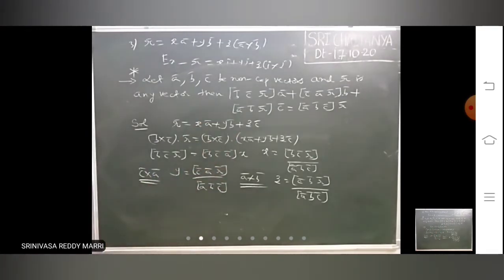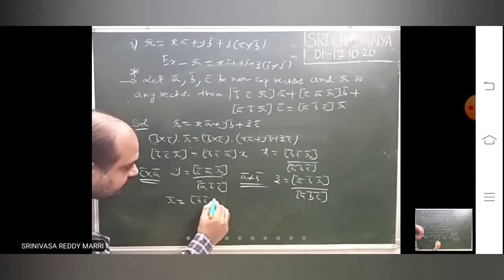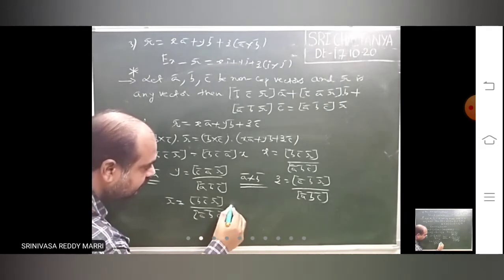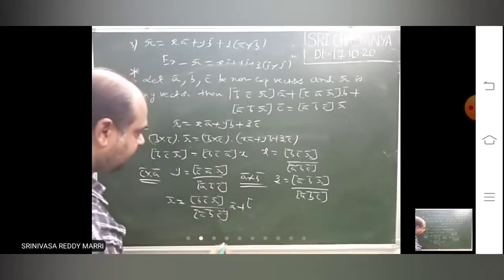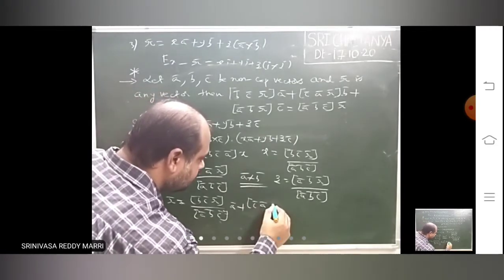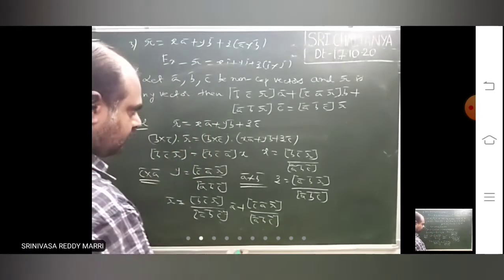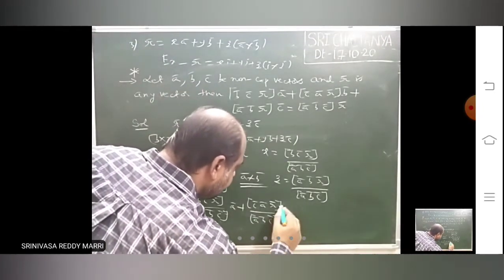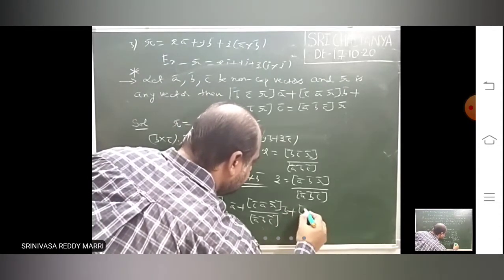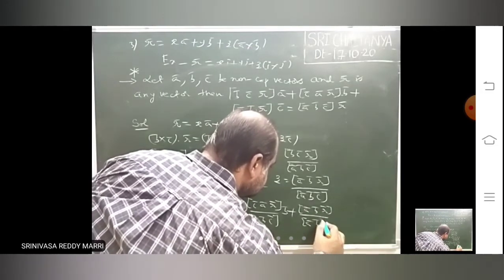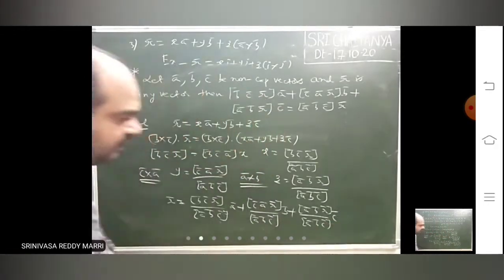Therefore, if you substitute X, Y, Z here, R bar equals box of B bar, C bar, R bar divided by box ABC into A bar, plus box of C bar, A bar, R bar divided by box ABC into B bar, plus box of A bar, B bar, R bar divided by box of A bar, B bar, C bar into C bar.